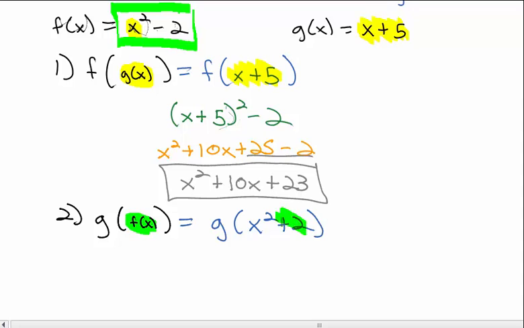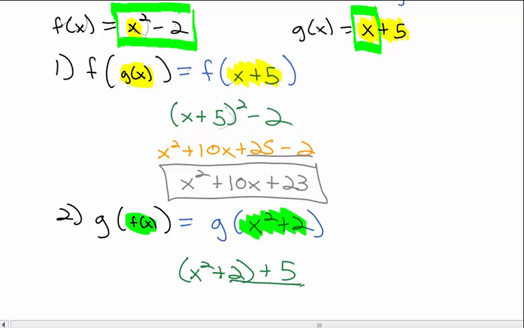That is now the guts of the problem, which means that's going to go into g where we see the x. It's now stuff plus 5. Stuff plus 5, and that stuff is x squared minus 2.